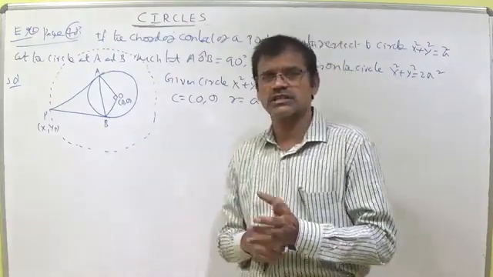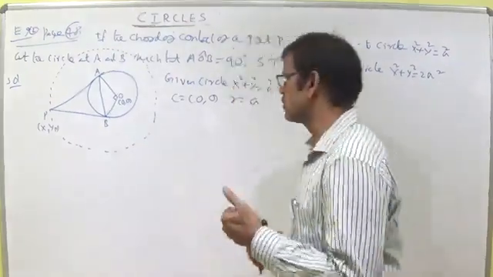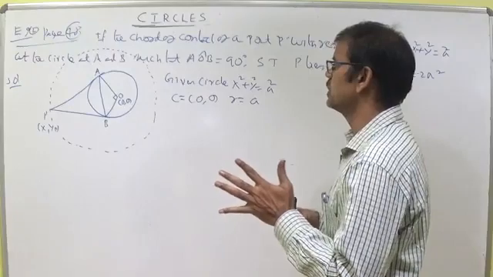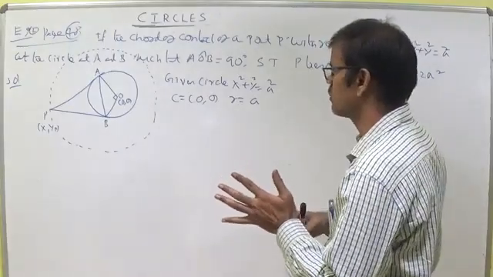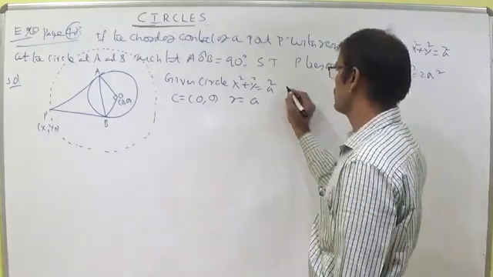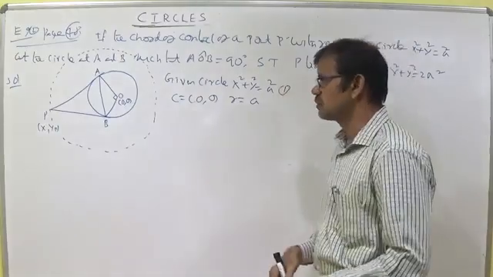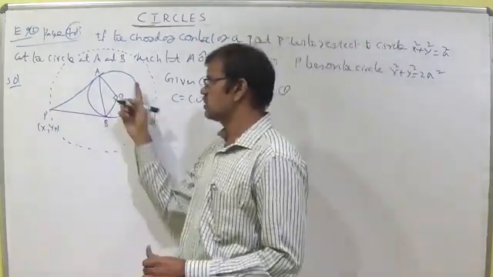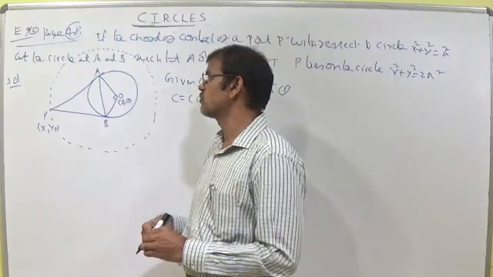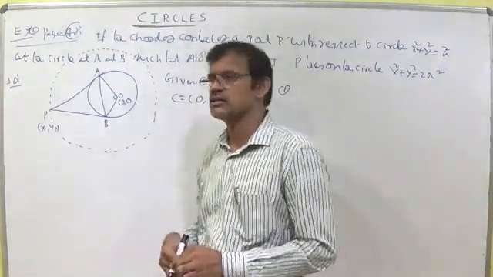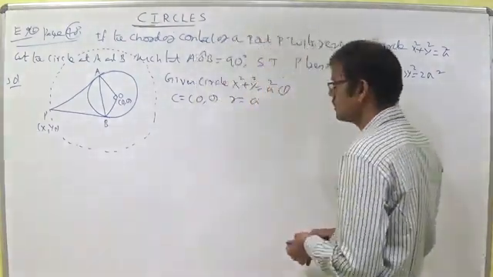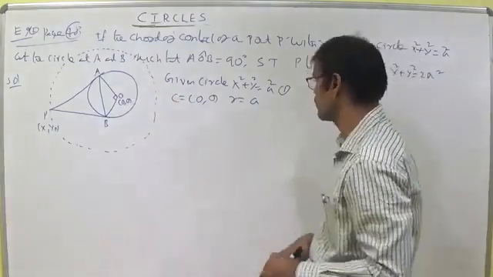In first year exercise 4C, 6 sums are there. Depending upon that, by homogenizing the equation of chord of contact, we will be getting the answer. So many sums we discussed like this. Joining the points of intersection to the origin is nothing but homogenization.